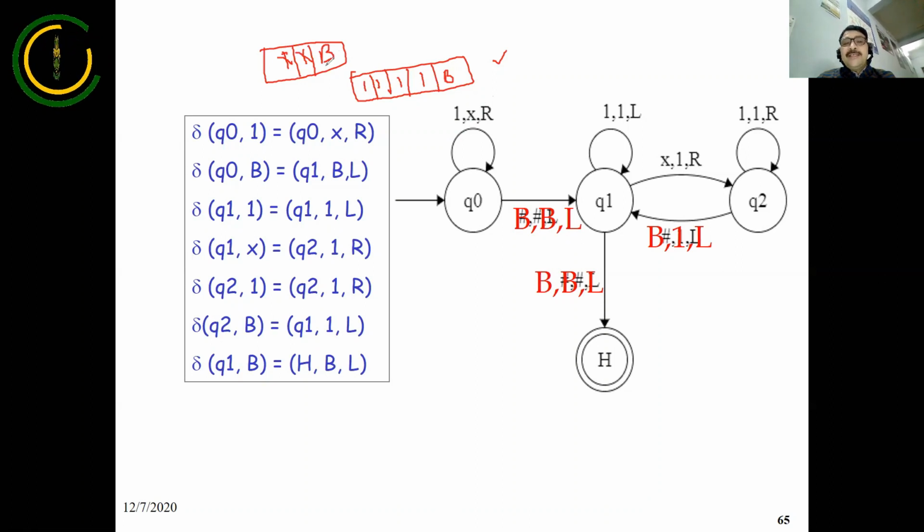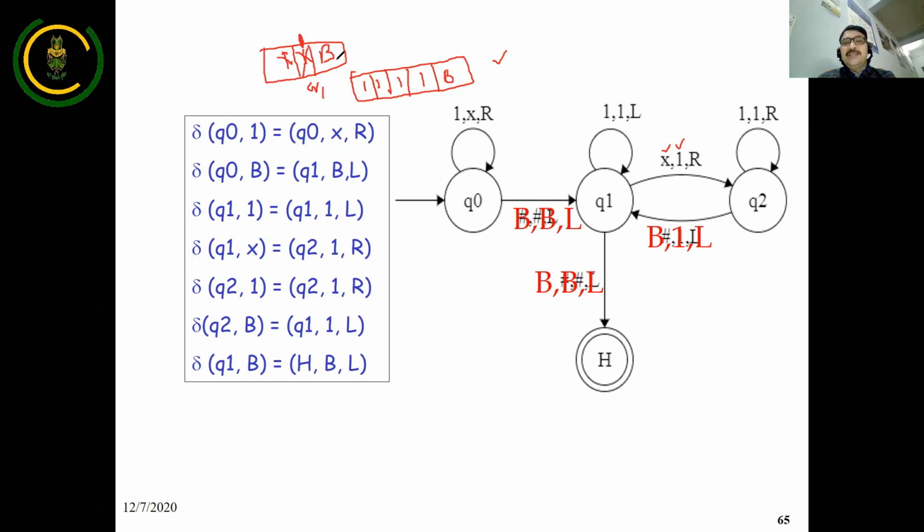So as you find the blank sign here, just read blank, write blank and move towards the left. Now you are in state q1 and you are reading x. In this, you convert this x into 1 and move towards the right. So this x is converted into 1, right?